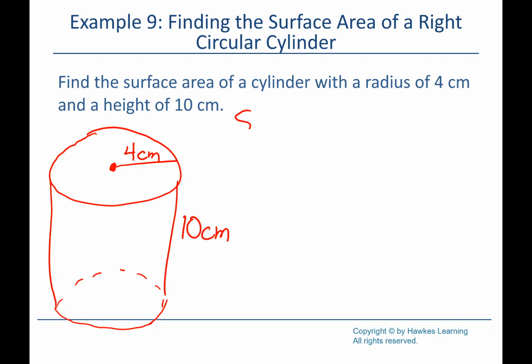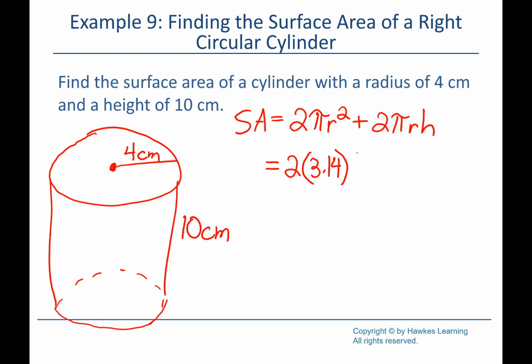Here's our formula again, the surface area of a cylinder: 2 pi r squared, that's the area of the top and bottom, plus 2 pi r h, the area of the side. So we've got 2 times 3.14 times 4 squared plus 2 times 3.14 times 4 times 10.